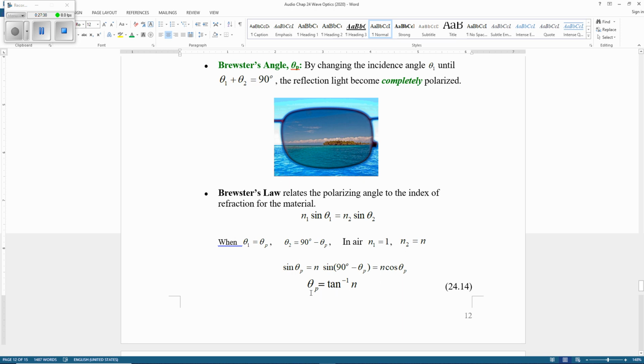So the angle equals tangent inverse of n. If you know n, you can find that Brewster's angle, right? For example, for glass n equals 1.55 and for water n equals 1.33, then you can find which angle will give you the polarized light.